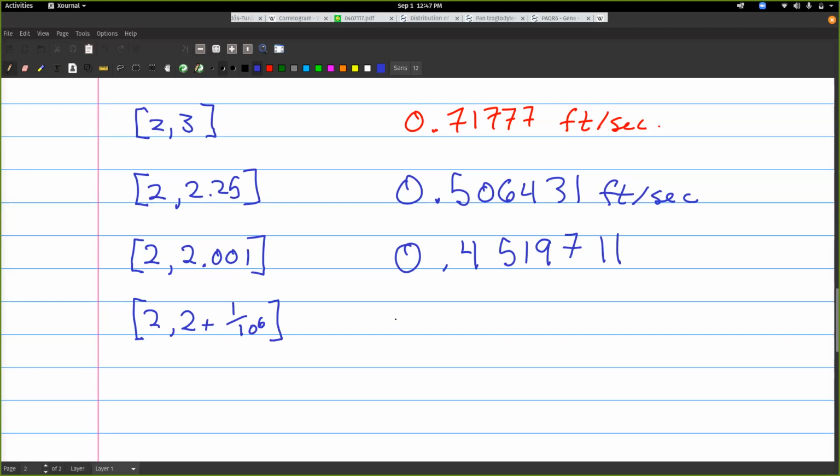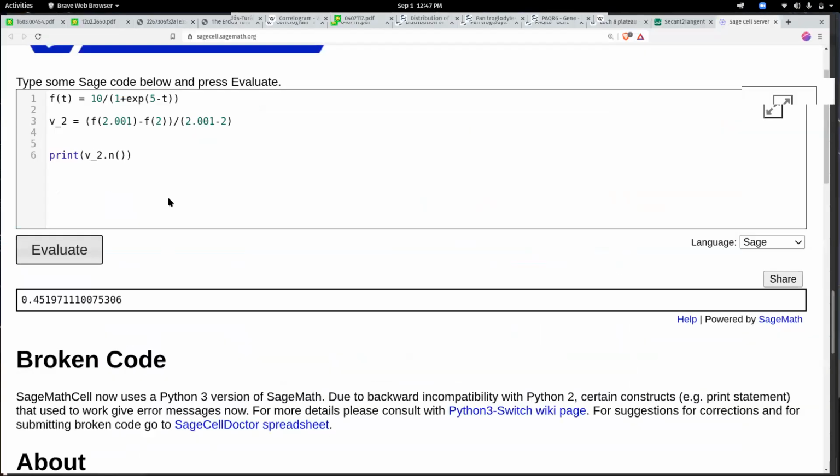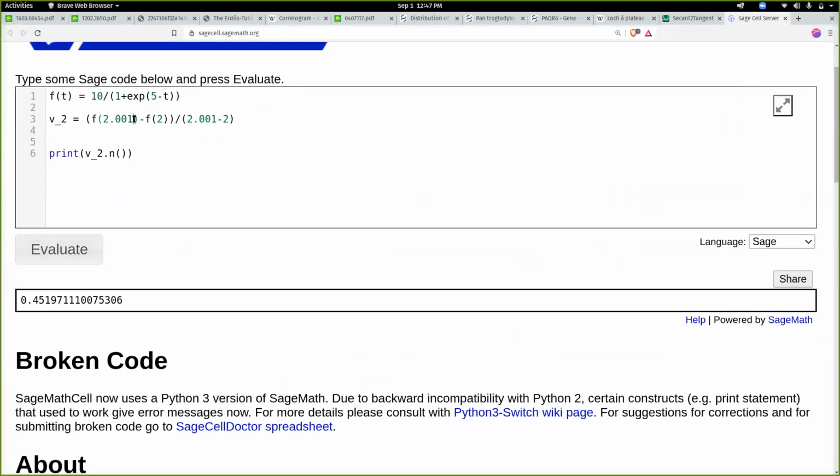I'm going to come back to this program and make that change. So this will be 6 zeros. I think it'll be 6 zeros. Let's make sure. So 2 plus 1 over a million. Okay, and get the answer.